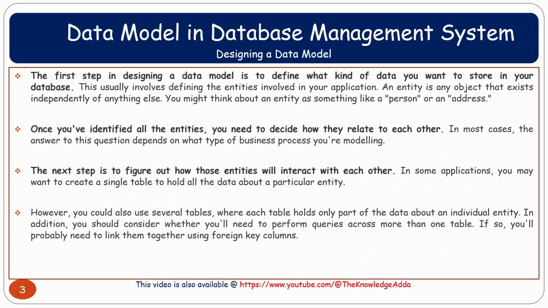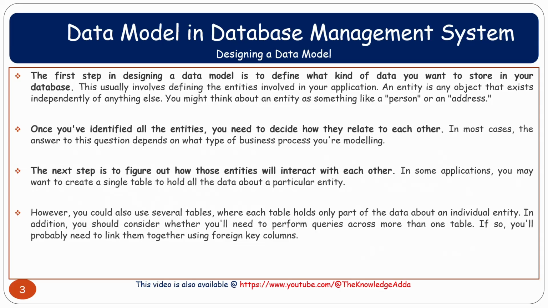This usually involves defining the entities involved in your application. If we're talking about what entities are, suppose I am talking about a student, that is an entity. If there is a teacher, the teacher is just an entity. So an entity is any object that exists independently of anything else.